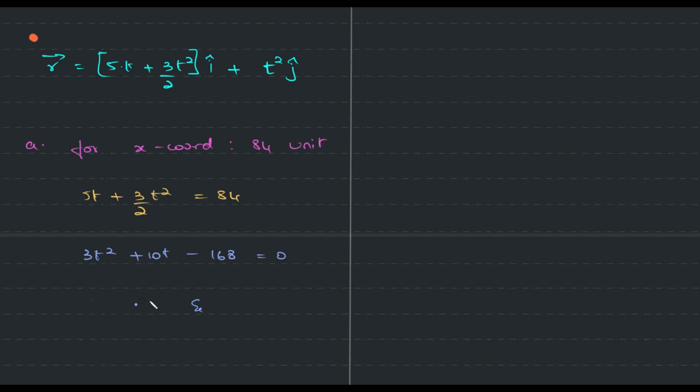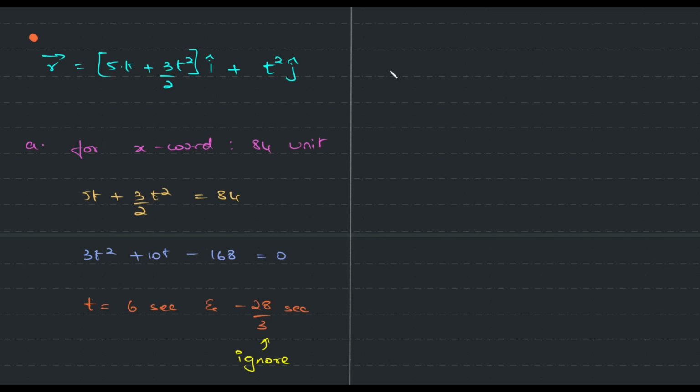Apparently t is equal to 6 seconds and minus 28 by 3 seconds. Obviously this can't be negative, so ignoring that. In the past it can be, the particle before the origin, it can happen, but we're not looking at that. We are looking at t is equal to 6 seconds.